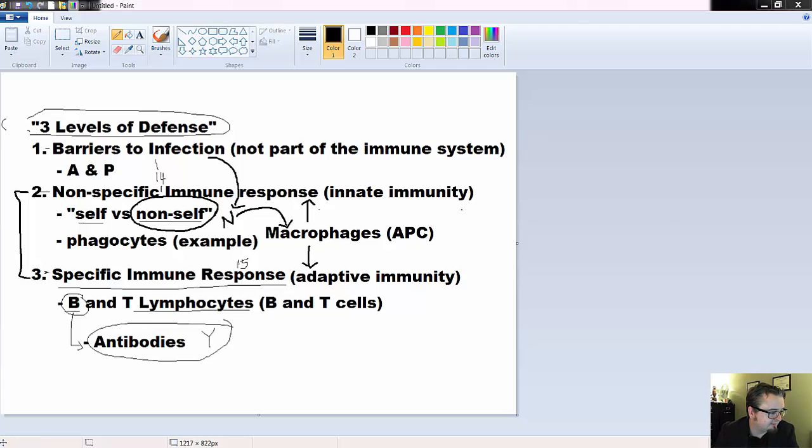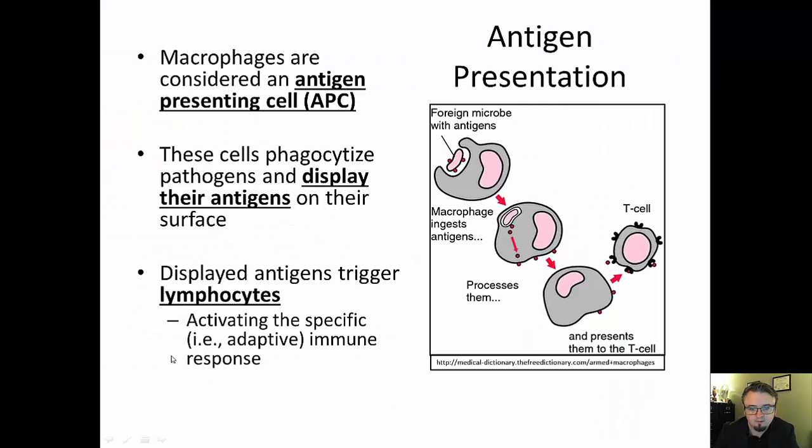Macrophages then act as an antigen presenting cell, and what they do is they start to gobble up some of the microbe. When it comes to their role as an antigen presenting cell, they phagocytize, so they gobble up this foreign microbe, and then they break it down inside the cell, and they literally take parts of that microbe, little pieces of it, and display them on the outer part of their cell.